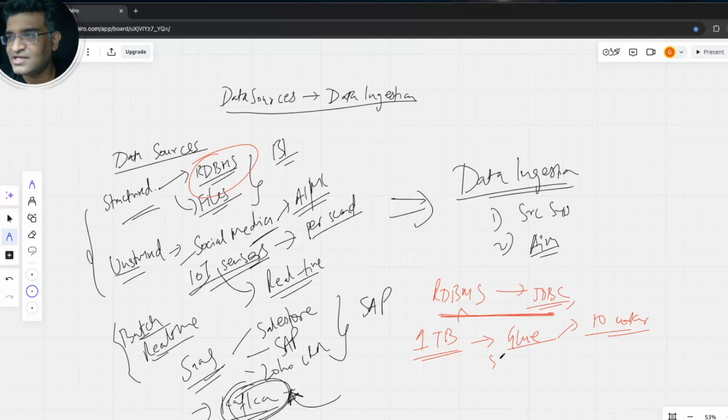So when you are writing the Spark script for this, look for the options that can help you distribute this data on all the executors. You don't want this data going to just one executor. There are specific properties, when you connect through Spark or the Spark JDBC connector, to partition this data.